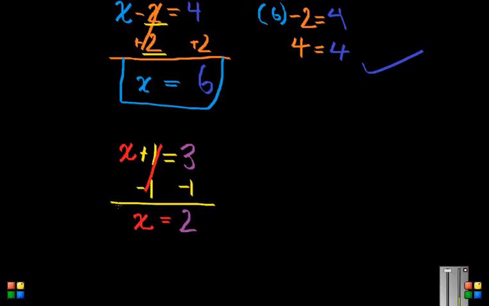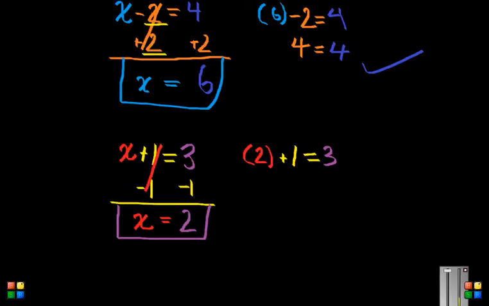Now, this is our answer, because we have x is equal to a number. So let's plug this back in to make sure it's true. So x is equal to 2, so everywhere you see an x, you plug in 2. So in parentheses we write 2 plus 1 is equal to 3.